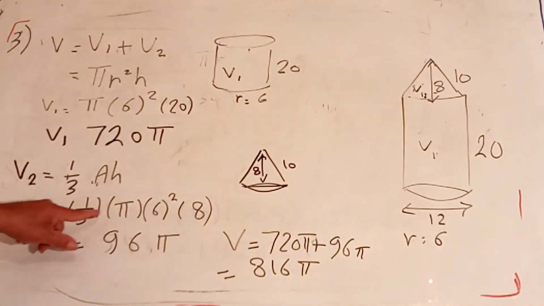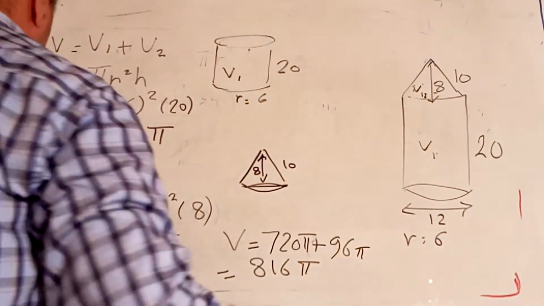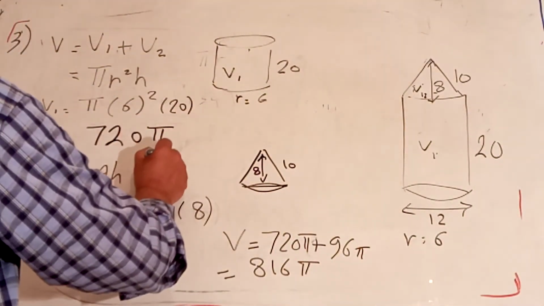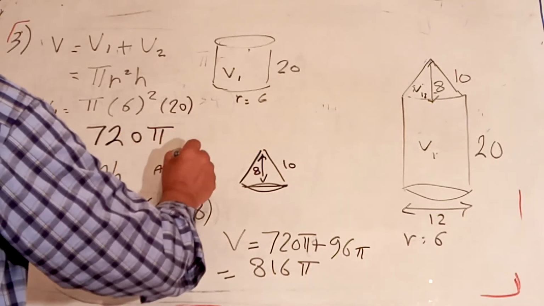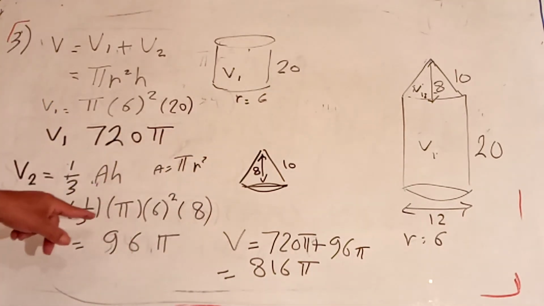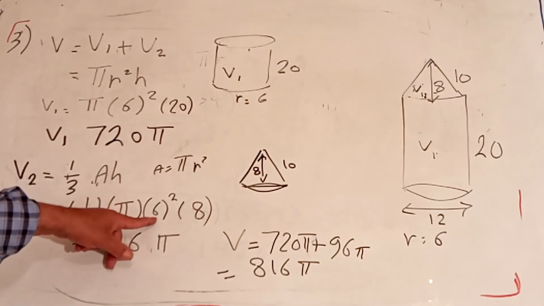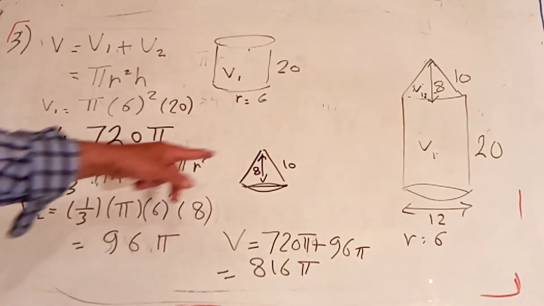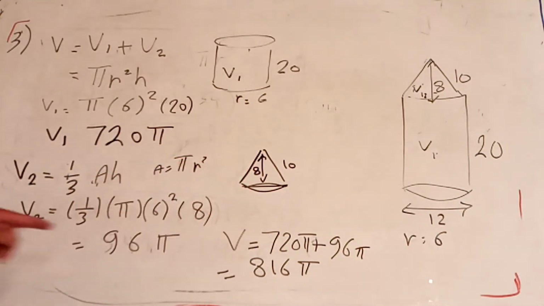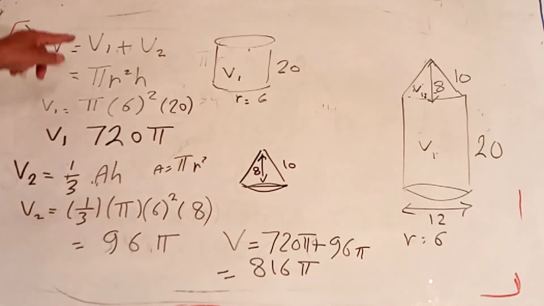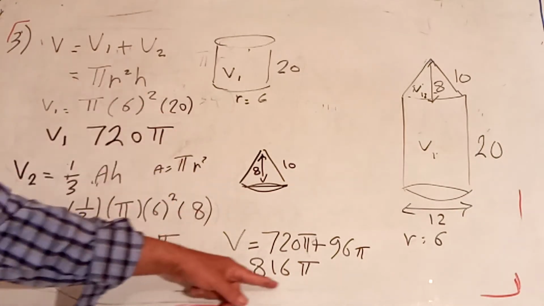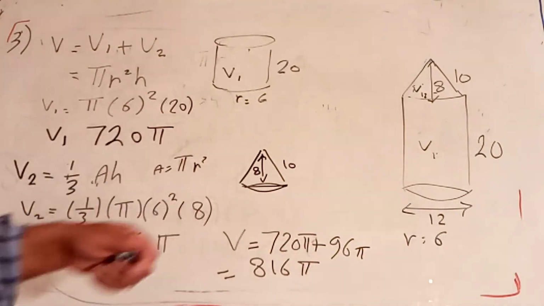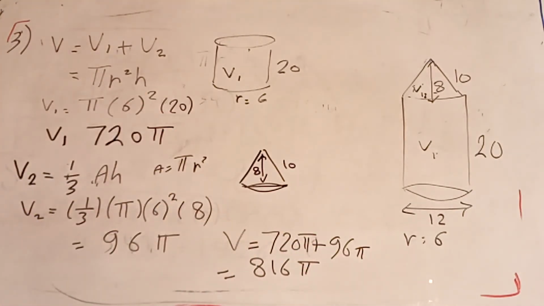So it's one third multiplied by pi, the area is pi r squared, so one third multiplied by pi multiplied by 6 squared multiplied by h, which is the height of the cone. This is equal to 96 pi. So the whole volume equals volume 1 plus volume 2, which is 720 pi plus 96 pi, which will be 816 pi.